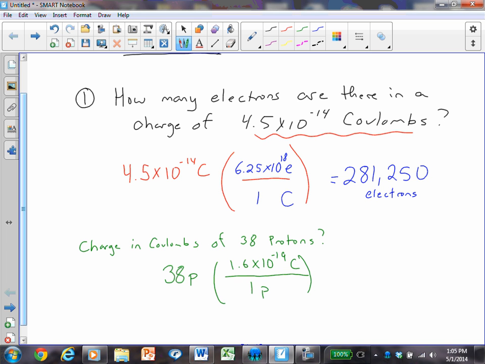So 38 times 1.6 e to the minus 19 is 6.08 times 10 to the negative 18 coulombs. Is that clear?